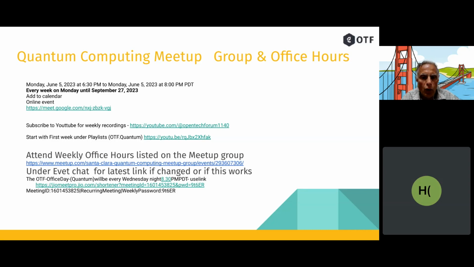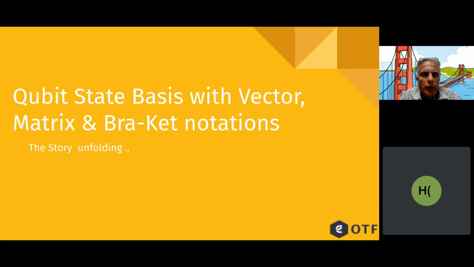With that, I will move on to the summary of session 1 and session 2, what Professor Gokhale presented today, and additionally what we are going to do later. So this is a summary of what was done in session 2: the qubit basic vector, the qubit state basis. That is, if you have a qubit, the state basis and the vector basis are the same. State and vector are almost the same as far as the qubit basis is concerned, and then the matrix and bracket notations.